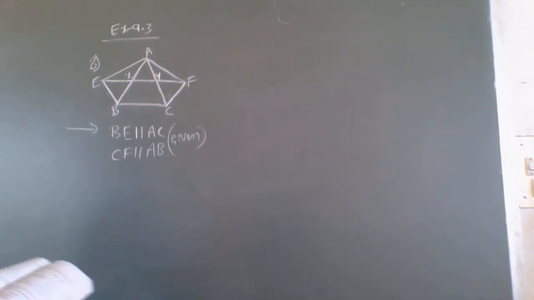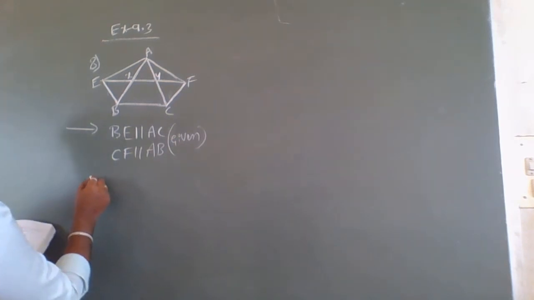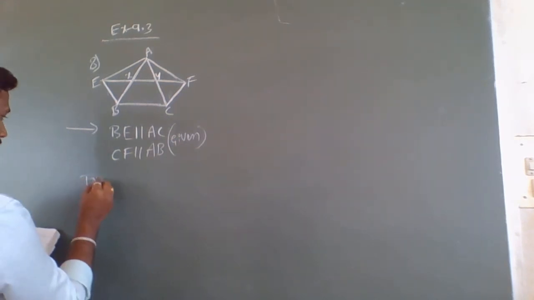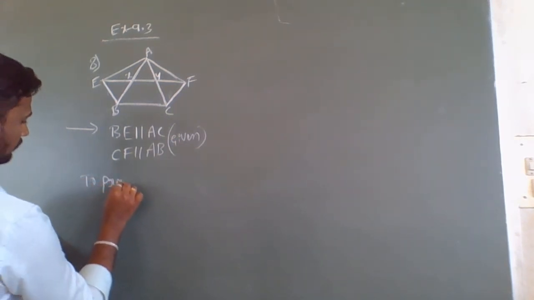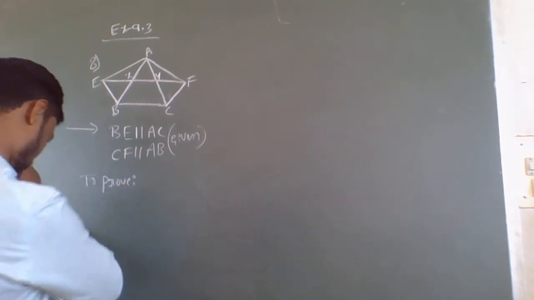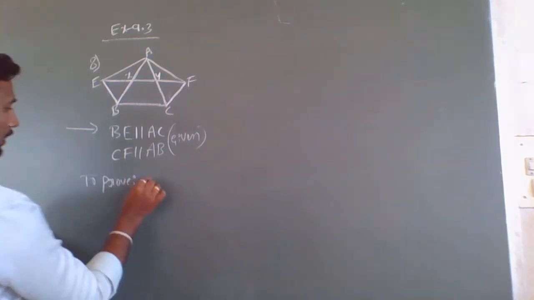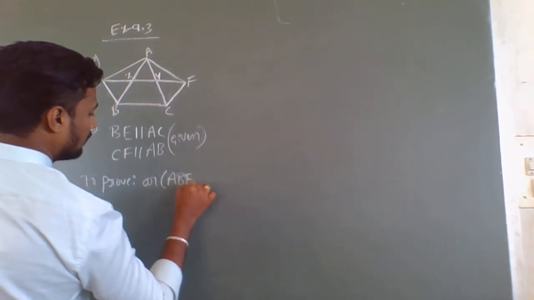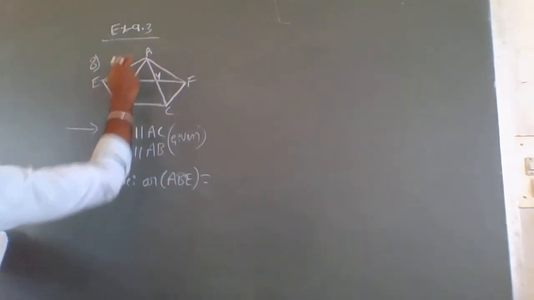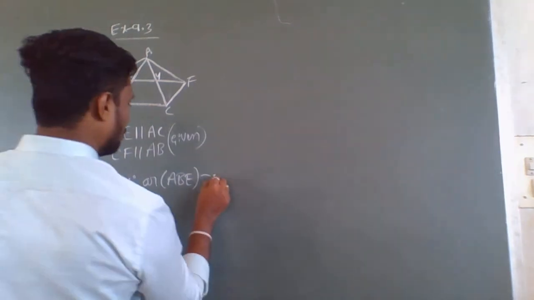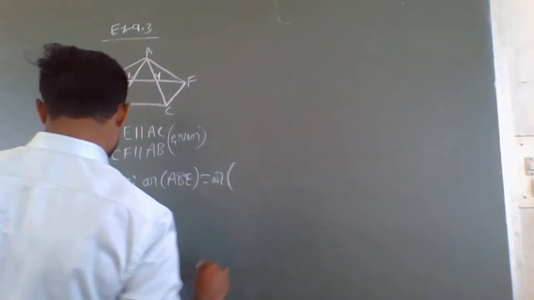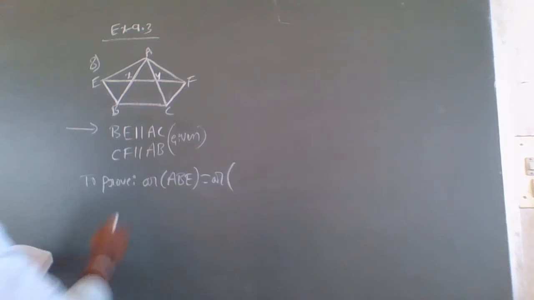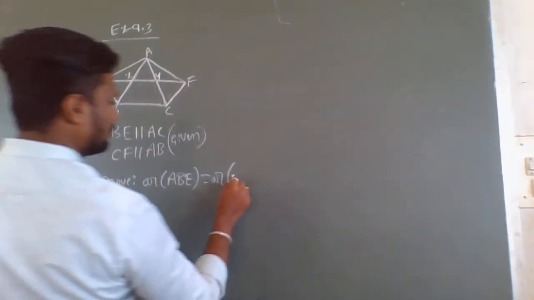Show that, you have to prove, area of triangle ABE equals to area of triangle ACF.